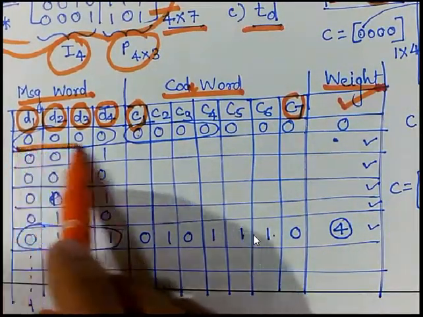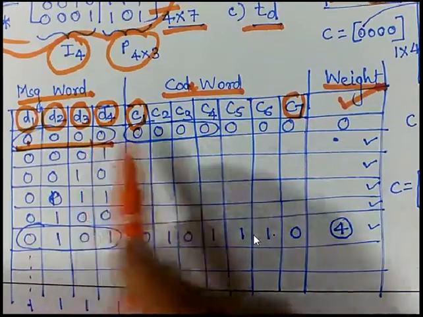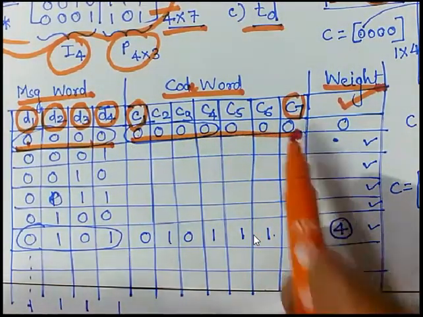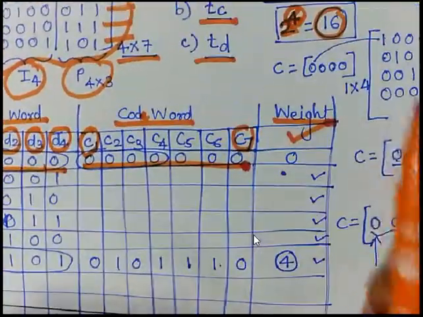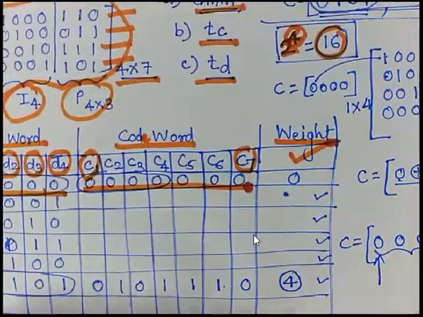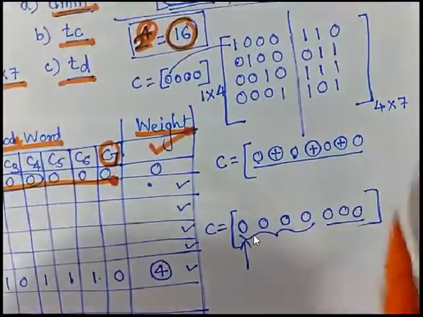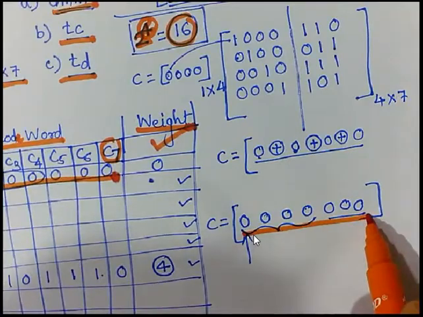For the very first case, that is 4 zeros, we got the code word of 7 zeros by using the expression we have seen in the earlier session, that is C is equal to D into G. By calculation we have seen that we got 7 zeros.